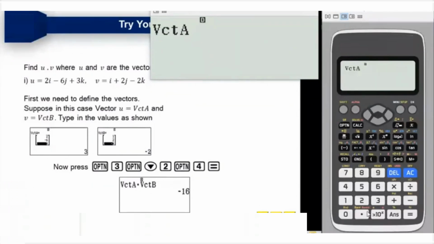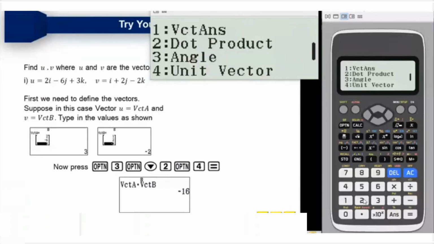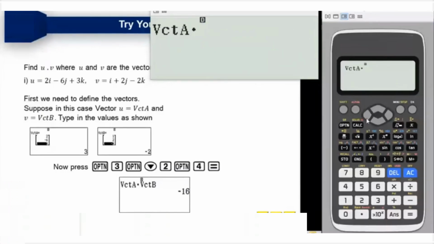Then please do not write this dot. This dot is not the dot product. To find the dot product, you have to press option, scroll down, and press 2. Now this dot is the dot product.